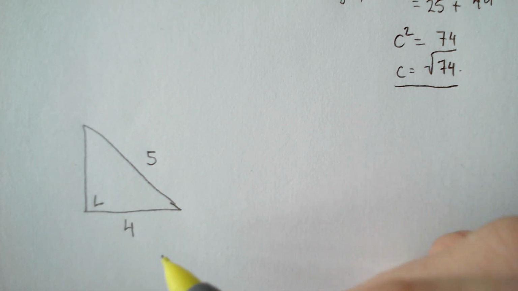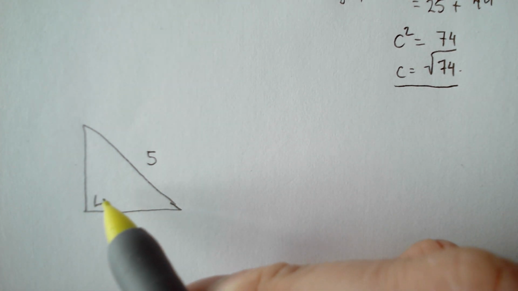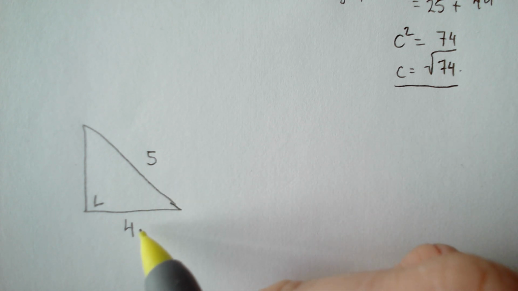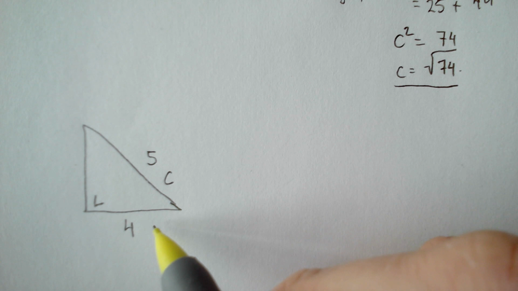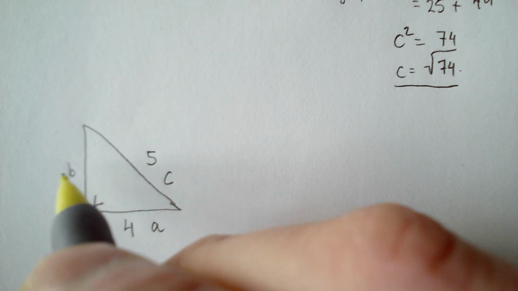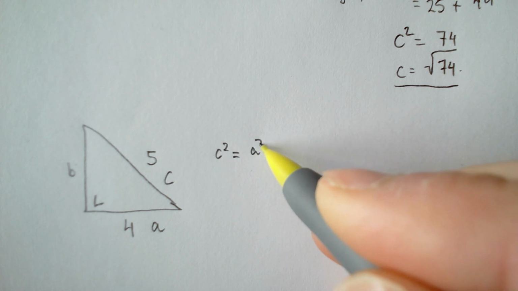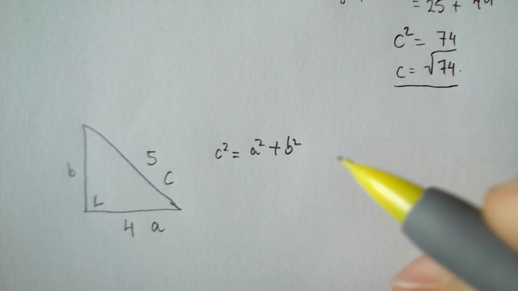Well, once again, our right angle here, this is our hypotenuse, 5, and we label that C, and this is our side A, and this is our side B. What's the formula? C squared is equal to A squared plus B squared.